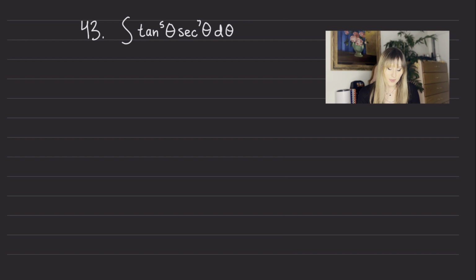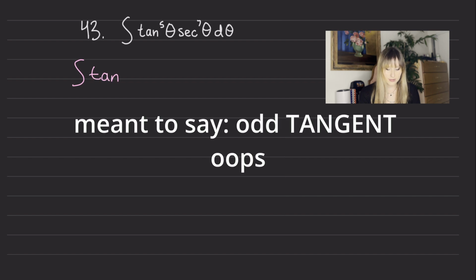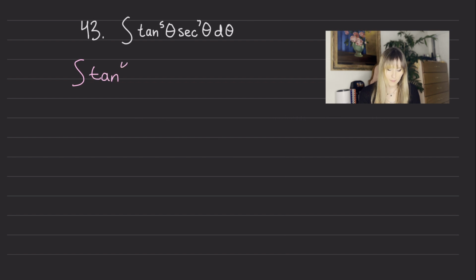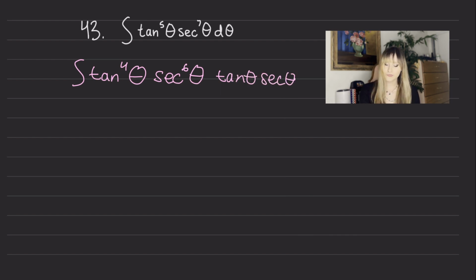What I'm gonna do is pull out a tan secant because there's an odd secant. And then we get tan theta secant theta. What are we missing? D theta. Great. So we have some u substitution we're going to do.